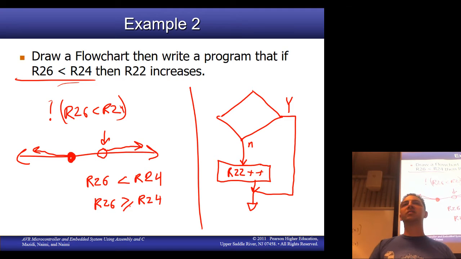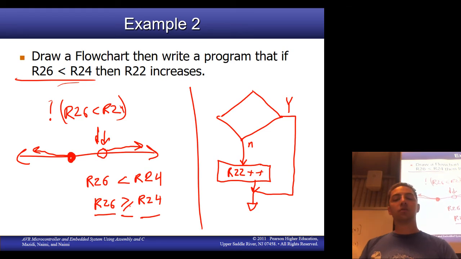Intuitively, you see it in hindsight. Obviously, it can't just be that because it's missing the number when they're equal. So the question is, when do I want to branch? When R26 is greater than or equal to R24. So I can write that, R26 greater than or equal to R24. Everybody good so far with that?